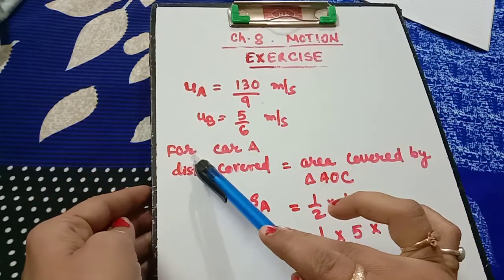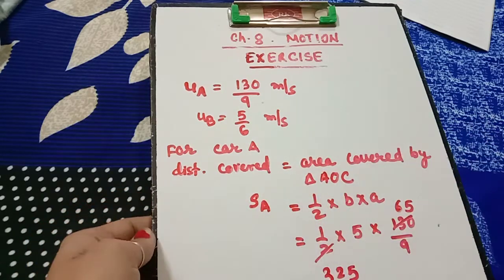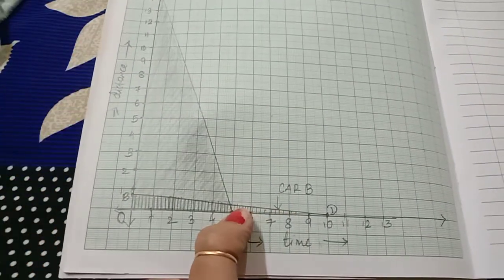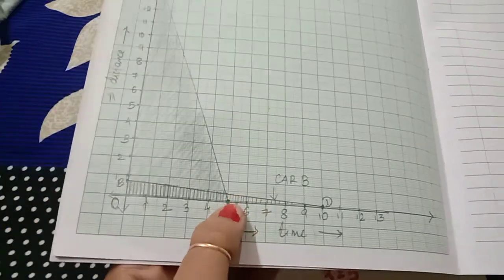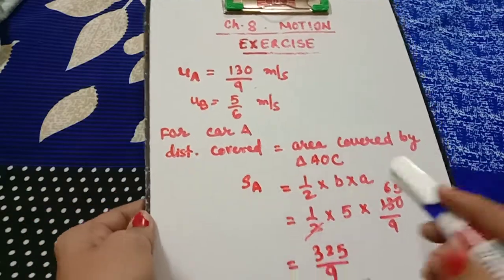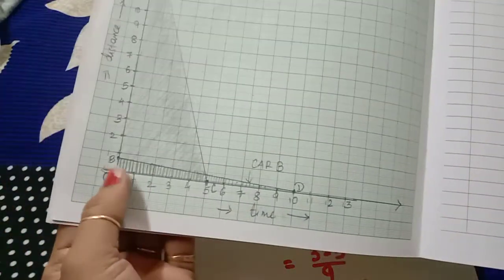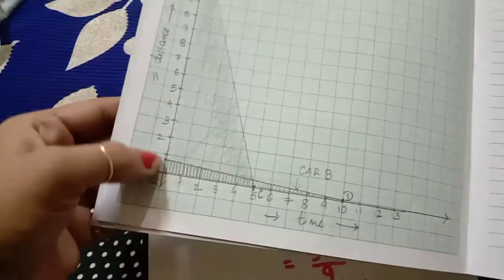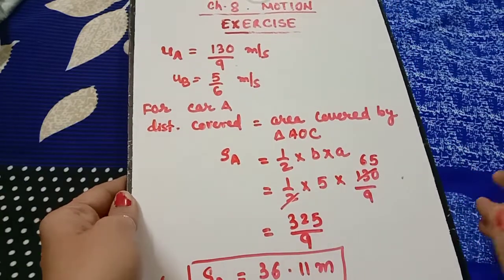First car A: distance covered is equal to area covered by AOC. That will be half base into altitude. What is the base here? 5. And what is the altitude? This one. So it will be 1 by 2 into 5 into 130 by 9.